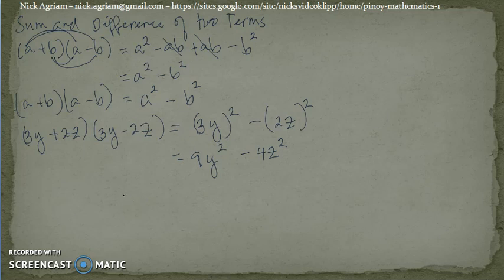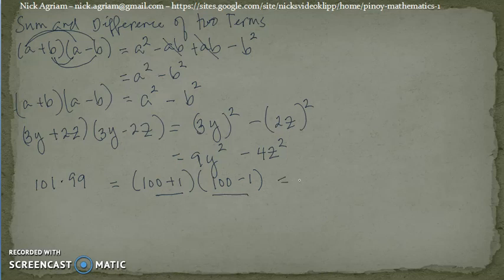You can use this principle when your teacher asks you to multiply 101 multiplied by 99, for example. Then you can use the sum and difference of two terms, 100 plus 1 multiplied by 100 minus 1. So this is 101, this is 99.